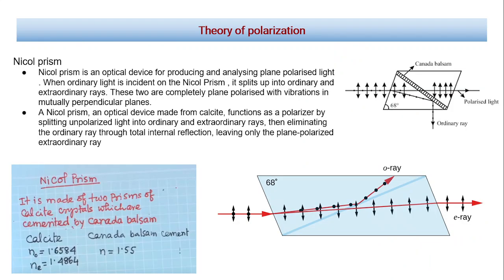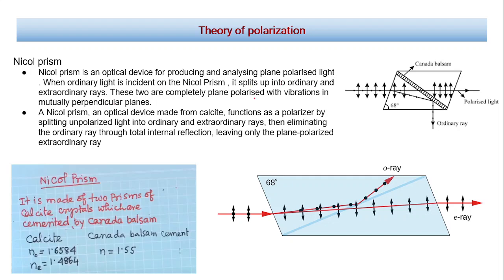Now, what is the use of this kind of situation? The use of this birefringence is that we make a device called the Nicol prism. The Nicol prism is an optical device for producing and analyzing plane polarized light. When ordinary light is incident on a Nicol prism, it splits up into O ray and E ray.